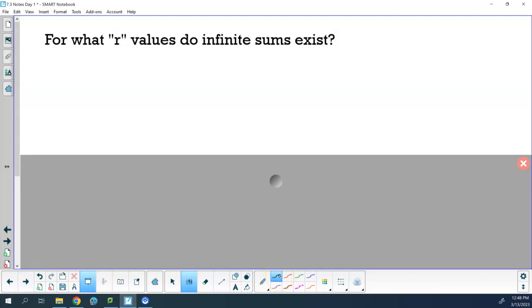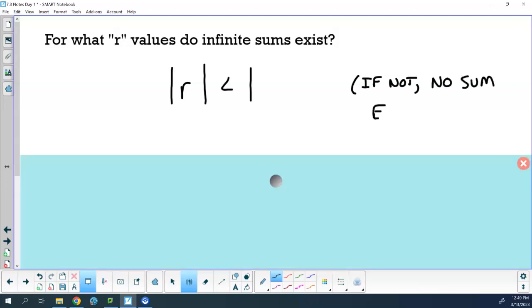Those R values are where the absolute value of R is less than 1. That's the only time that sums exist. If R is bigger than that, no sum exists.